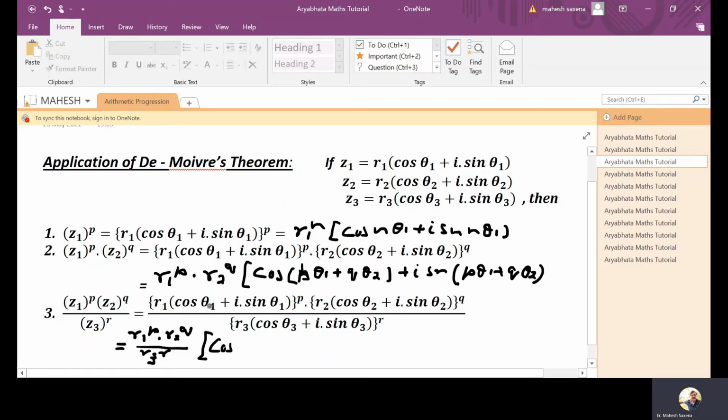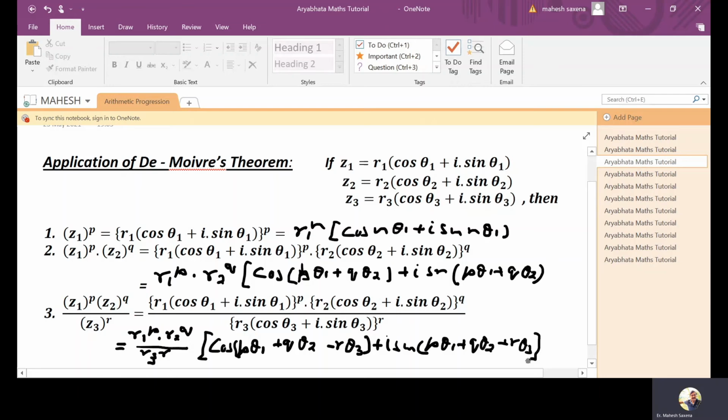Here p will multiply with theta 1, so p theta 1, q will be multiplied by theta 2, plus q theta 2, and this is in the denominator, therefore it will be minus r theta 3, plus i sin p theta 1 plus q theta 2 minus r theta 3.